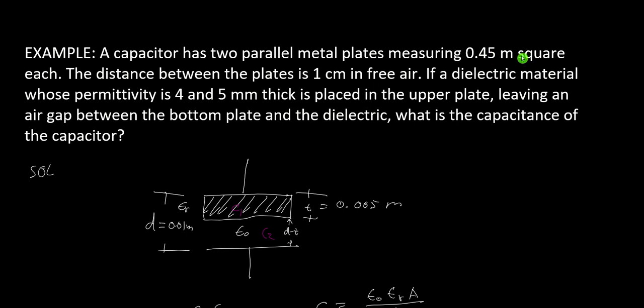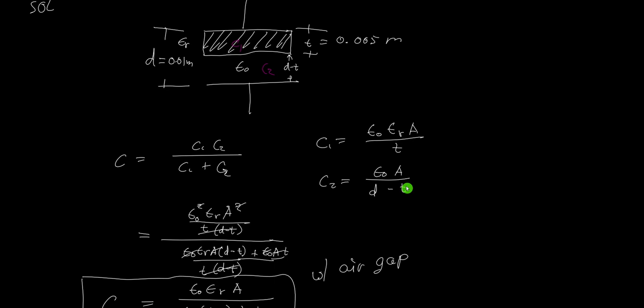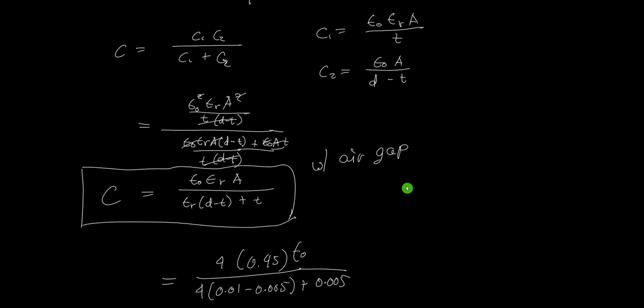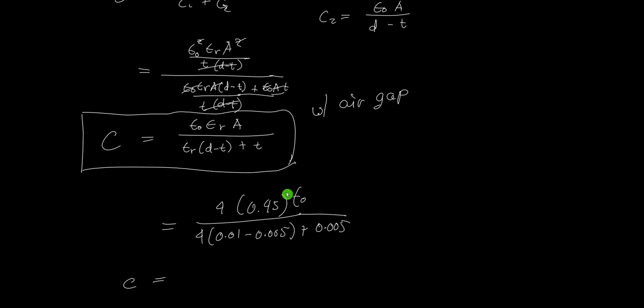What's the difference between the two? 0.45 meters and square each. So it's a square with 0.45 measurement. It means this 0.45 is just the side of the plate. So the area is not actually 0.45. The area should be 0.45 by 0.45. You need to square this so that your answer will be correct.